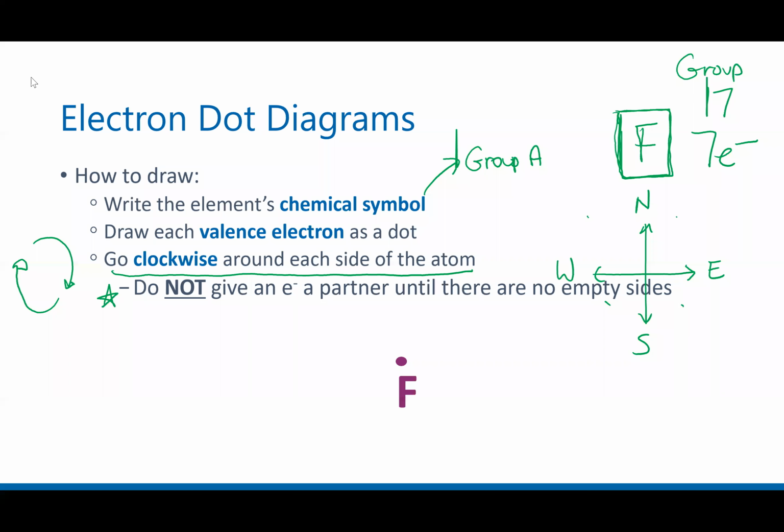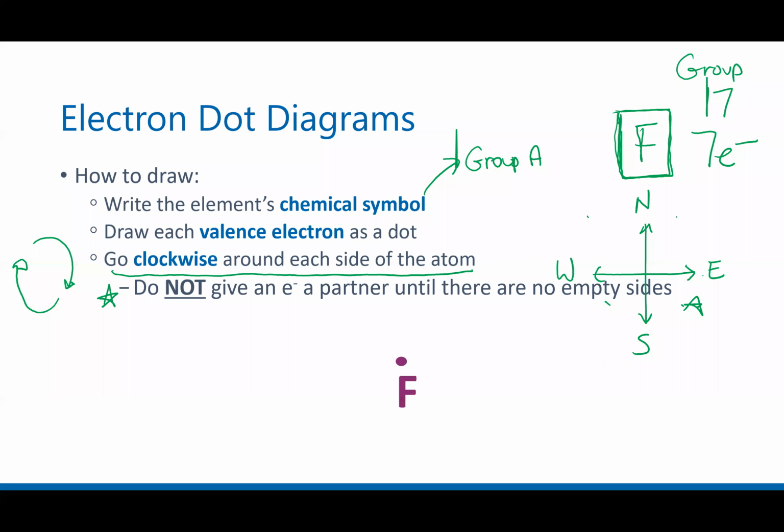I'm sorry about that. Anyways, this little note on the bottom here is the big one. Again, this student in the other class, Kevin is his name, said, do I have to start from the top? Do I have to go clockwise? Between us and YouTube, it honestly doesn't matter. But what does matter is that you go one electron at a time on each side. And then if you have more than 4, because there are 4 sides, you then start to pair them.